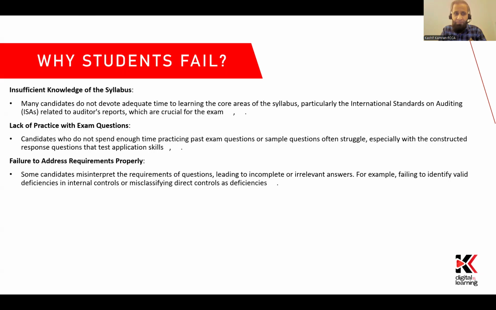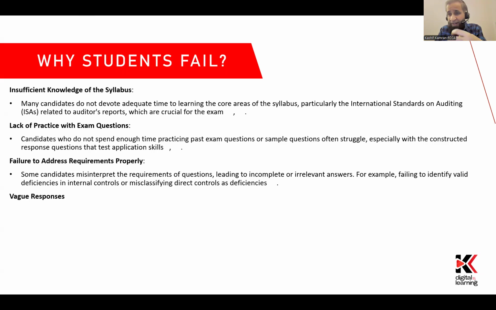Vague responses. When you're writing the answer in section B, your answers are not very well explained. They're very vague. If you are telling something, you're not explaining the why. If you think this is an ethical issue, you might just be saying this is a self-interest threat or a self-review threat, but you're not justifying why.